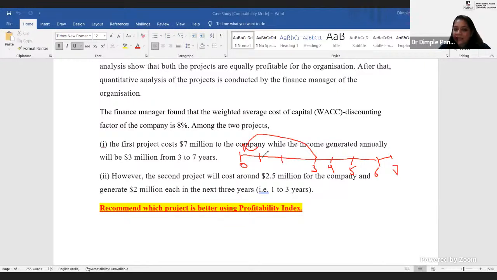I'm not earning anything in the first and the second year. I'm getting nothing out of that. So my present value would be done for the third year, fourth, fifth, sixth, and 7th year. In case you're using annuity and doing it for all the 7 years, then subtract the present value of the first and the second year. Is the logic clear?